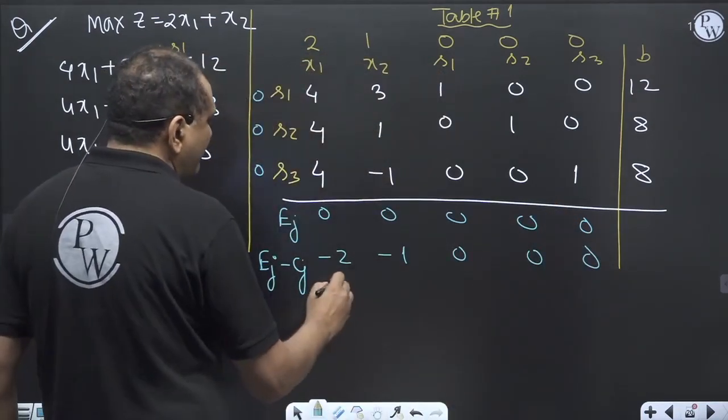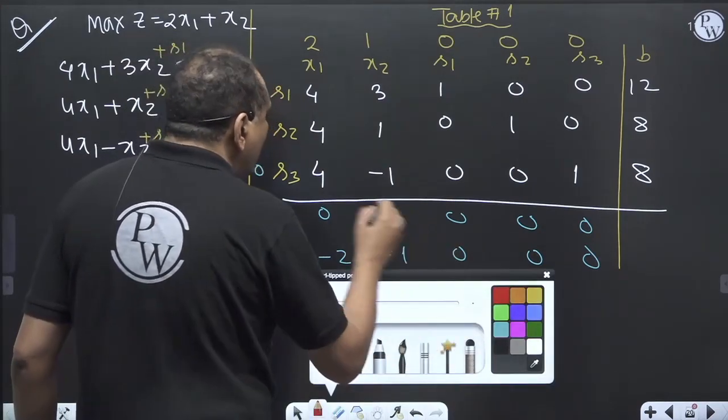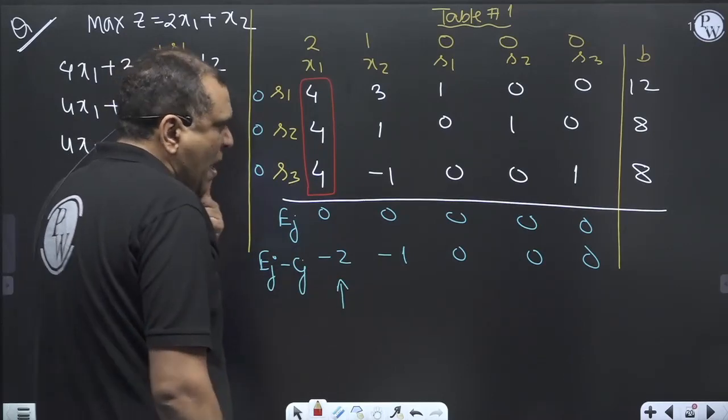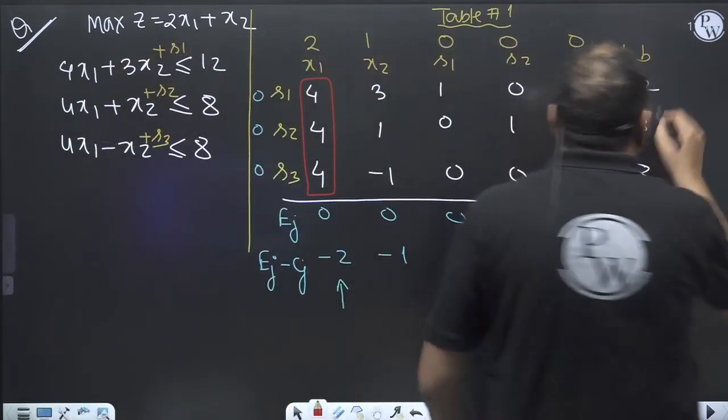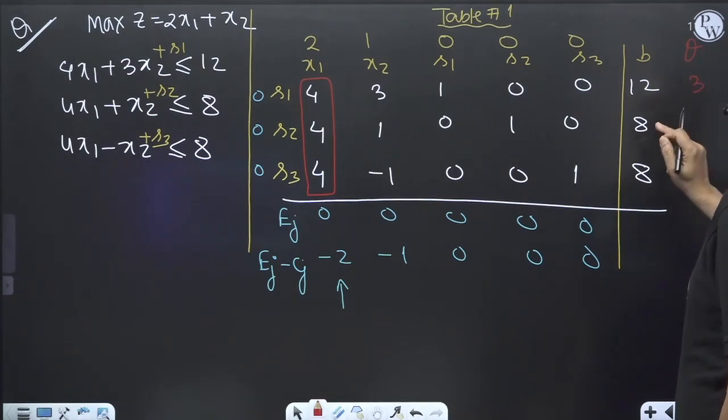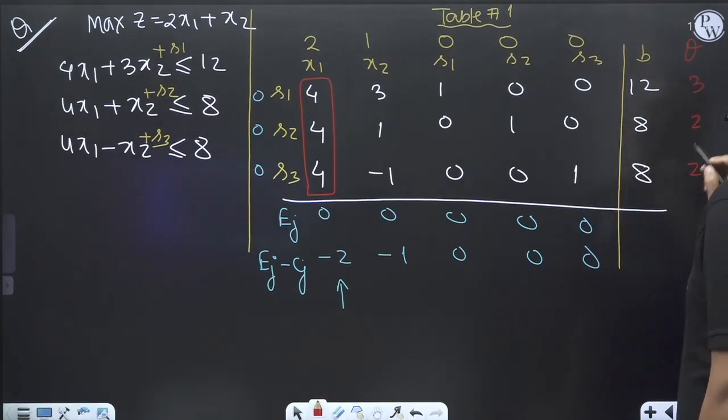We take the maximum negative as the entering column. Calculate theta. 12 divided by 4 is 3. 8 divided by 4 is 2. 8 divided by 4 is 2.